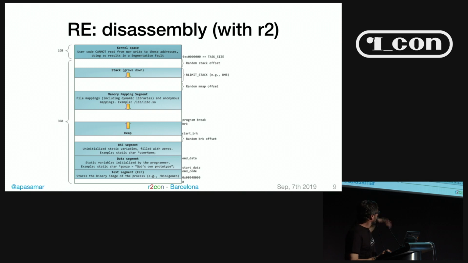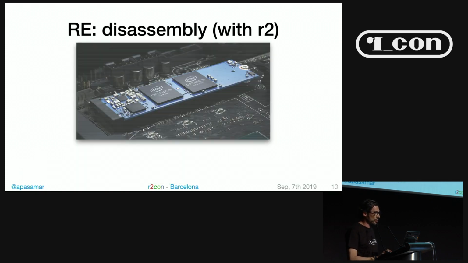It's important to know how the memory map works, so how the memory of a process is laid out and how it grows in one way or another. These fundamentals are important to review.